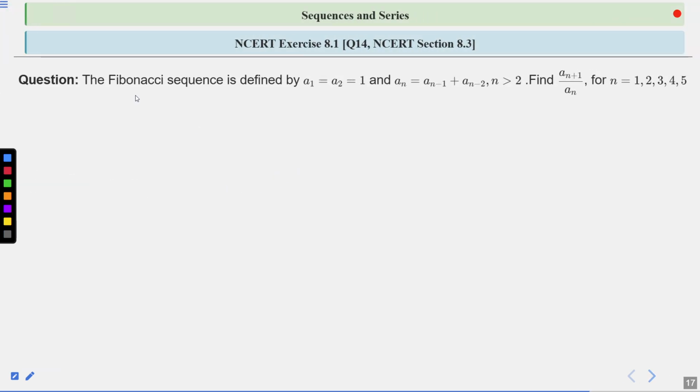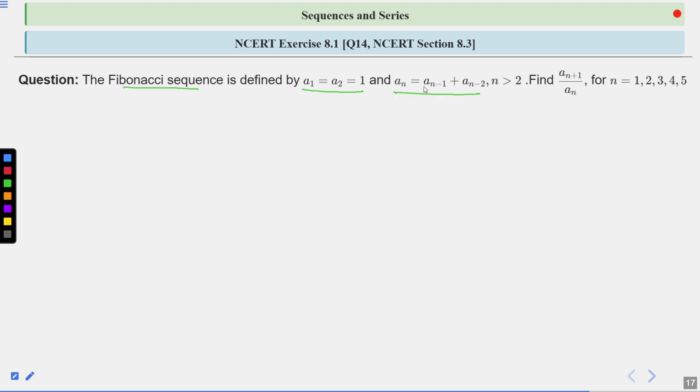Now, the Fibonacci sequence is simply defined by, in Fibonacci, we already have the first 2 terms as 1. So A1, A2 both 1. And for upcoming terms, we define a recursive relation.